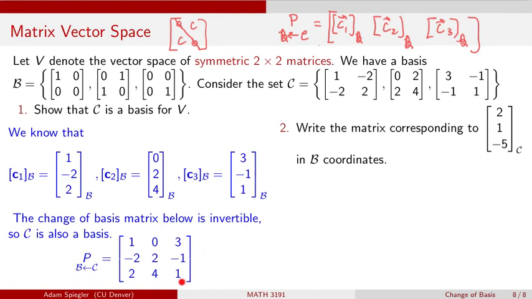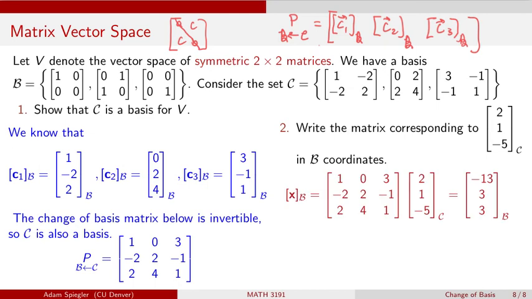And now that we have this change of basis matrix, for example, if I'm given some coordinates for a matrix with respect to the C basis, so for example, I have some matrix which is 2 times C1 plus 1 times C2 minus 5 times C3, we can convert this straight into coordinates relative to basis B by applying this change of basis matrix.